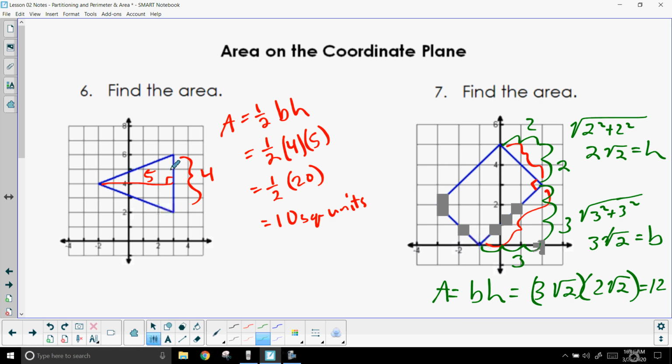I'm losing track of my triangles here. 1, 2, 3, 4, 5, 6, 7, 8.